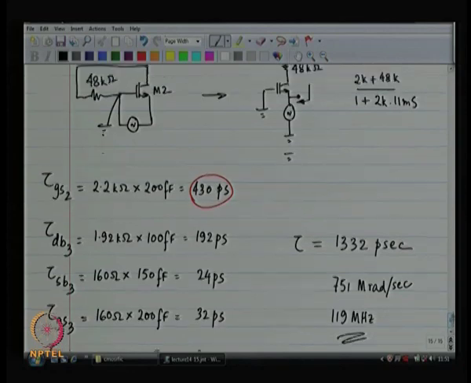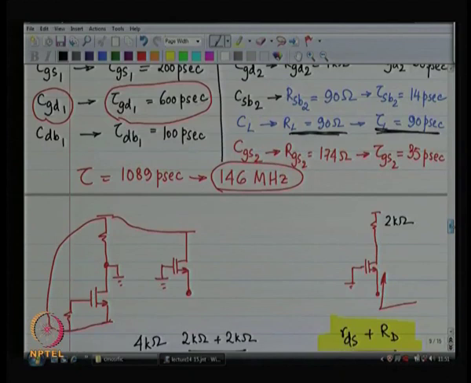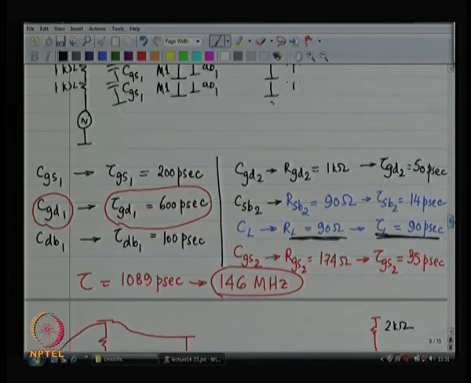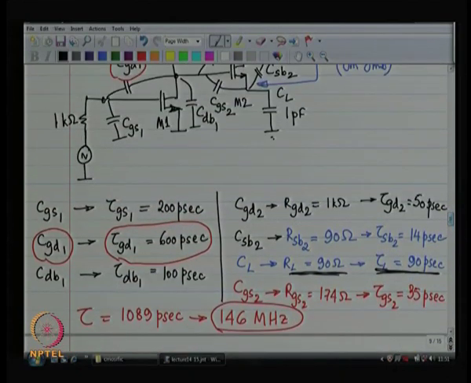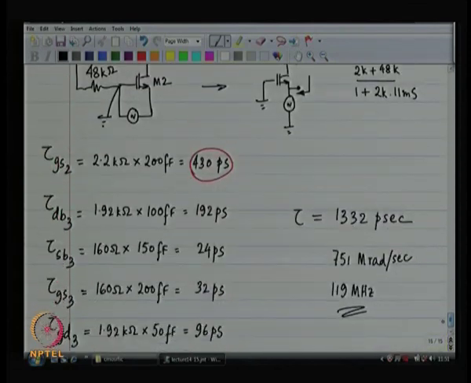Okay, it's actually worse than my previous design. It's worse than my previous design. And why is it worse? Because I've got a problem over here.